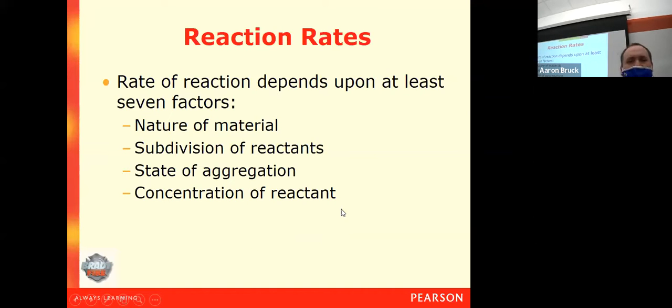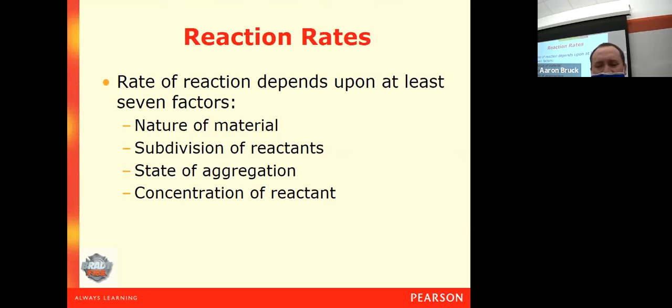All right, so let's move off of balancing equations and talk a little bit about the chemical reactions themselves. One of the ways that we can describe a reaction is based upon something called reaction rate. That is how fast the reaction actually goes.